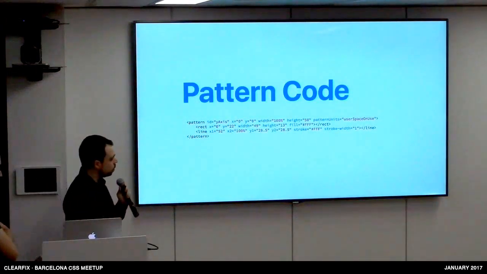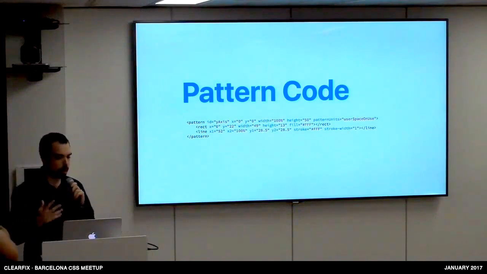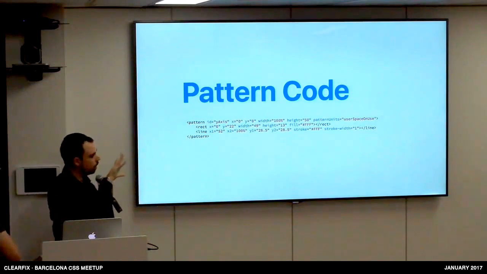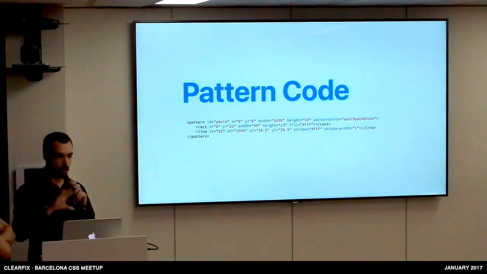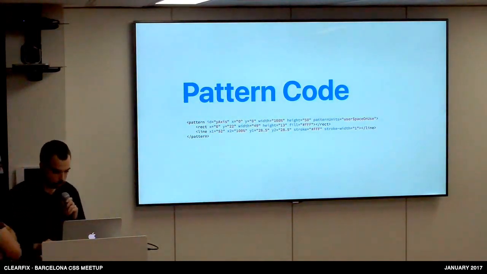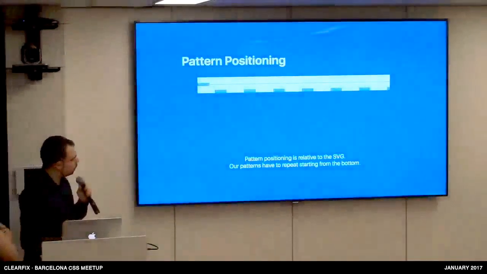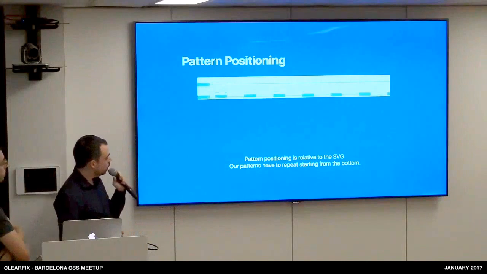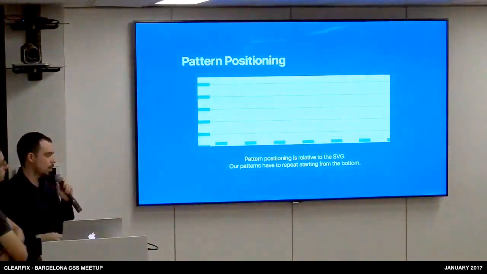So once you have the patterns, you basically apply these patterns. We'll see that at the end, but you apply the SVG patterns to both boxes, the top one and the bottom one. And when you do that, you end up with something that looks good. But when you scale, it does something that is really weird.